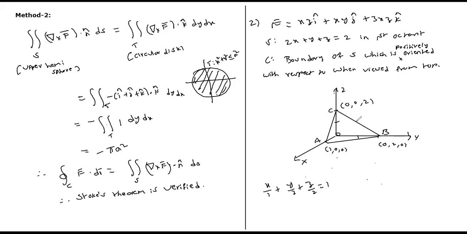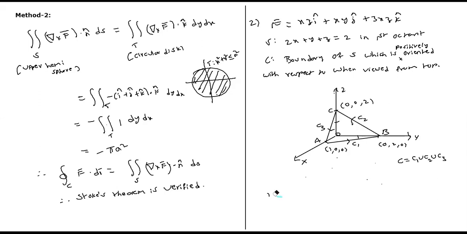And what kind of orientation? Positive orientation when viewed from top, because when we are viewing from the origin, it will be exactly the opposite orientation. So call this C1, C2, C3. So your C is the union of three line segments, C1, C2 and C3.